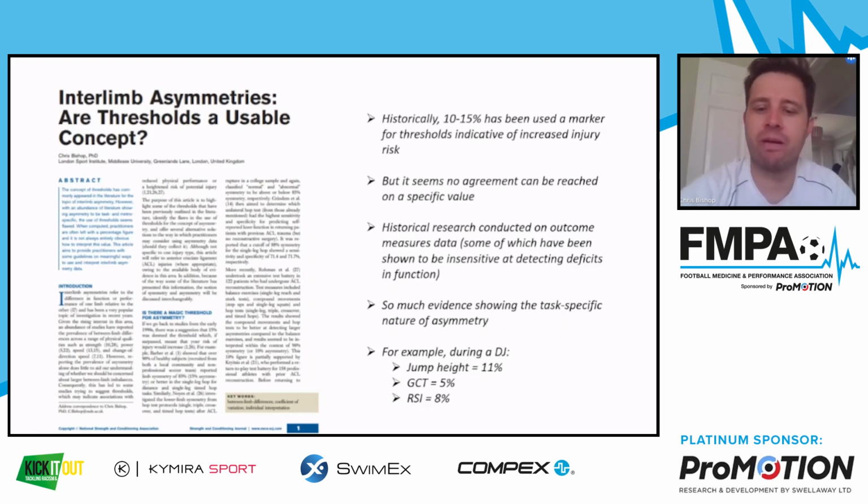So if I monitor jump height, ground contact time and reactive strength index, they all produce different asymmetry values for each subject, and naturally then different mean values for the group. So again, I think it's a somewhat flawed concept to say that if 10% is my marker for injury, jump height is my risk of injury, but ground contact time and reactive strength index isn't. That seems quite flawed, given that they're all different metrics for the same tests, which just give us an understanding of outcome and strategy.